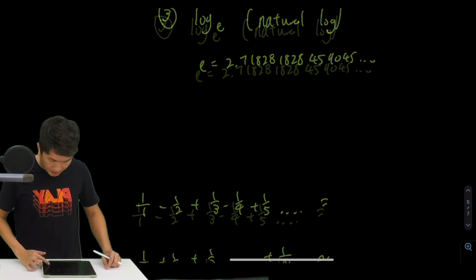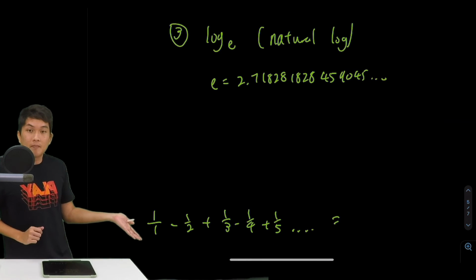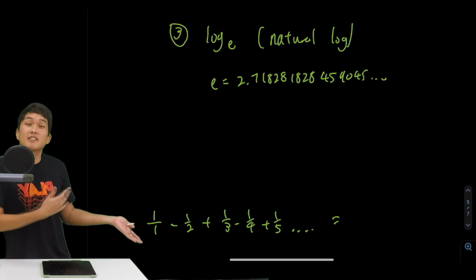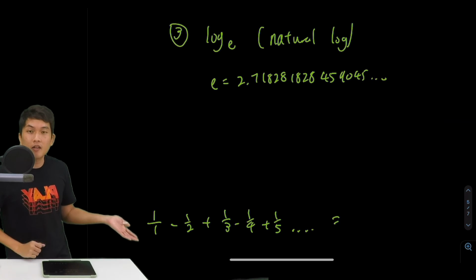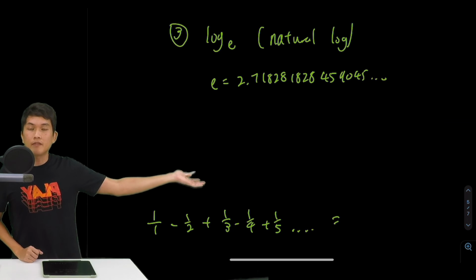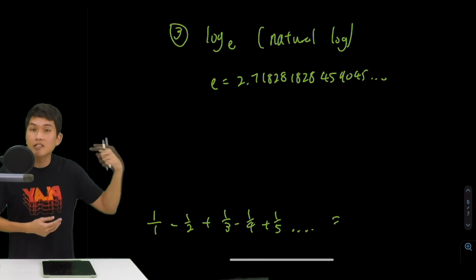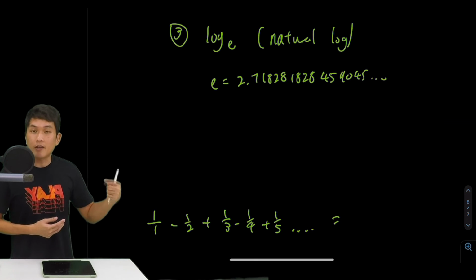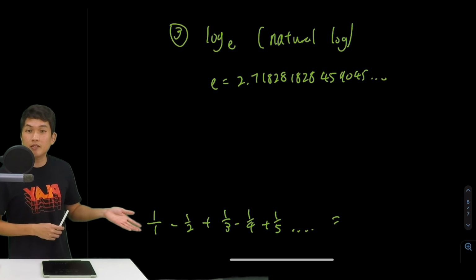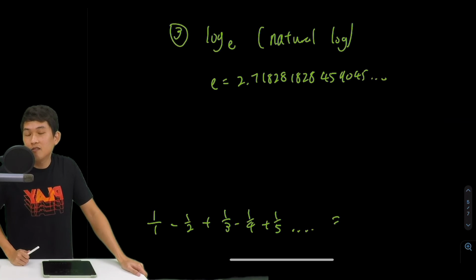Yeah? Okay, so if you look at this one over here, this sum, when I'm adding and subtracting fractions. Okay, 1 over 1 minus 1 over 2 plus 1 over 3 minus 1 over 4 plus 1 over 5. So it's like a plus, then you minus, you plus, then you minus, then you keep increasing the denominator by 1. Okay, by the way, all these numbers, the denominators 1, 2, 3, 4, 5, are what we call natural numbers.